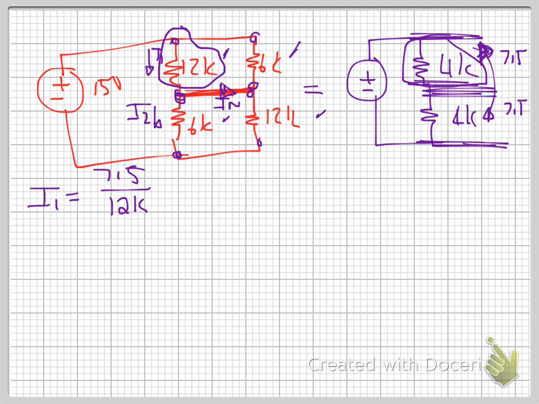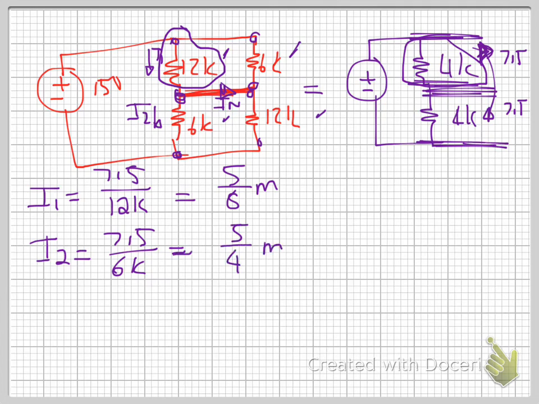Okay? And your current I2 is equal to 7.5 over 6K, right? So this is 7.5 over 12K, which gives you 5 over 8 mA, and 7.5 over 6K gives you 5 over 4 mA.